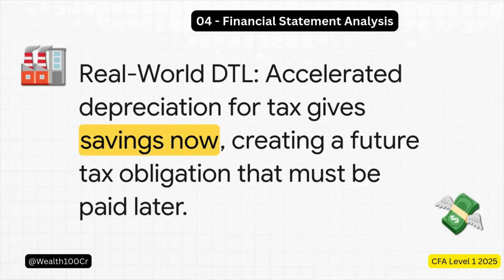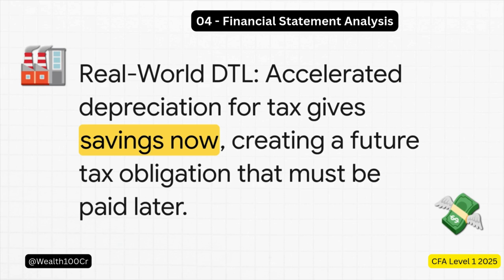All right, let's put this into the real world. Think about a US company like Tesla. They're building a massive new gigafactory. For tax purposes, you bet they're using the most aggressive, accelerated depreciation schedule they can. Why? Because it slashes their taxable income today and saves them a boatload of cash. But they know that down the road, their depreciation deductions will be smaller and their tax bills will be bigger.